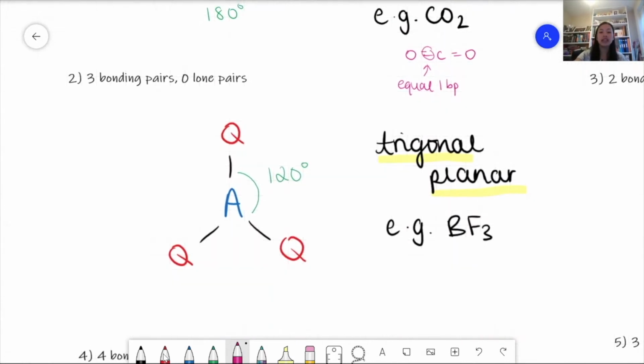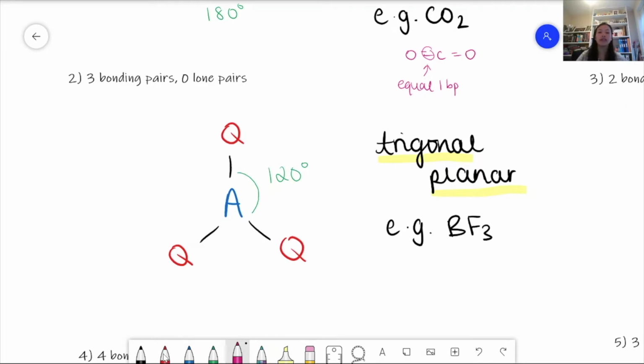So the next few that we're going to look at are when they have 3 pairs of electrons. The first one that you can get is 3 bonding pairs and 0 lone pairs. So you have an atom in the middle and then 3 of the same atom on the outside. Because of electron repulsion theory, they repel each other by the same amount because they're all bonding pairs.